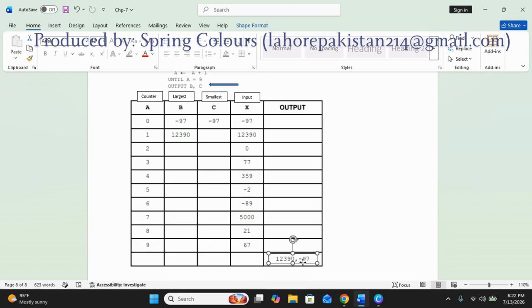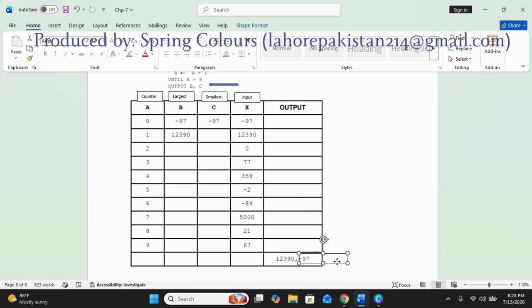The loop will end, and these two values will be shown to the user on screen: 12390 and minus 97. If the programmer wants to check that his algorithm is working correctly or not, he would see that the smallest value given by him was minus 97.